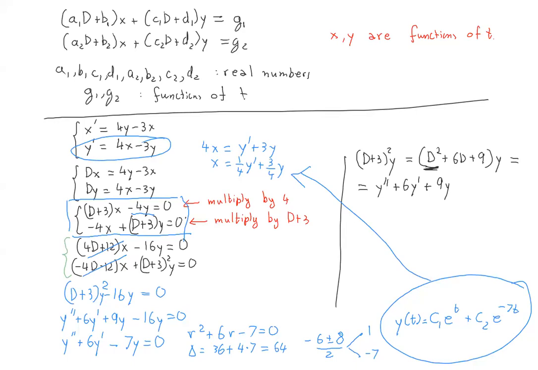So in other words, I would have got something like this: x double prime plus 6x prime minus 7x. And I would have needed to put a different set of constants. So k1, let's say, e to the t, plus k2, e to the negative 7t.